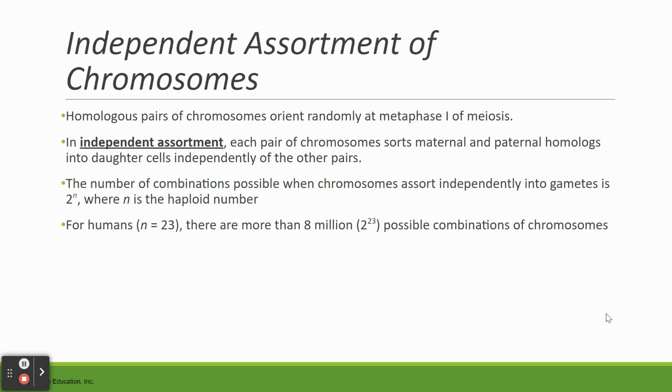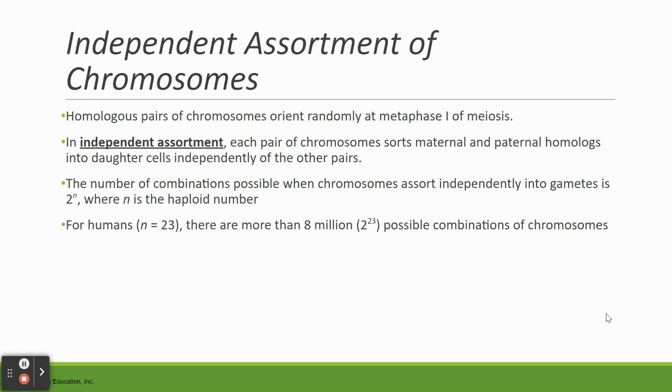The number of combinations possible when chromosomes assort independently into gametes is 2 to the power n, where n is the haploid number. For humans, our haploid number is 23, right? We have 23 pairs, 23 from mom, 23 from dad.